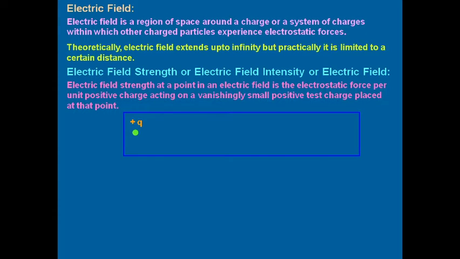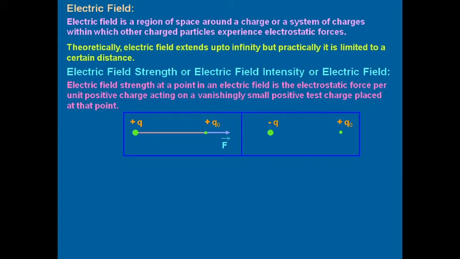So mathematically, if plus Q is the source charge and plus Q naught is the test charge placed near it to determine the strength of the electric field of the source charge, then we have to check the force experienced by the test charge. Say F is the force experienced, we know Coulomb's force, we can calculate it.